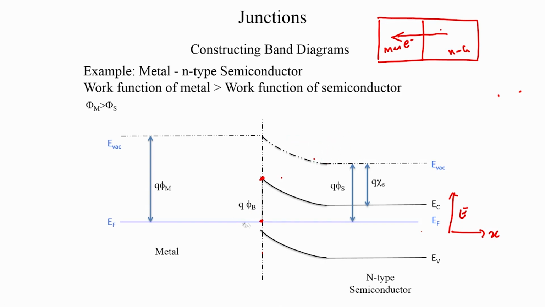Now, several other points. The band bending diagram is always drawn with respect to electrons, and what I mean by that is if you see a slope here. For example, let us take this region here, you see this bending of the bands, the bending of the conduction band.